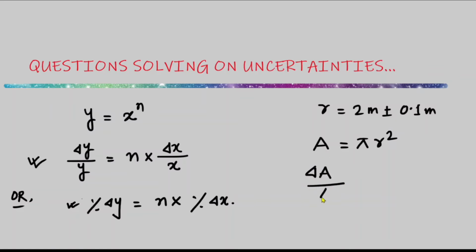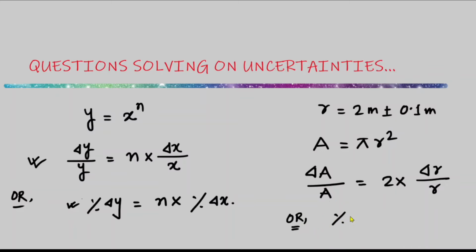So we make use of the formula that we wrote at the left hand side. Del a by a equals 2 times del r by r. 2 is the power of radius, multiplied with the absolute uncertainty of radius and then divided by the radius value. That is what we call the fractional uncertainty of radius.